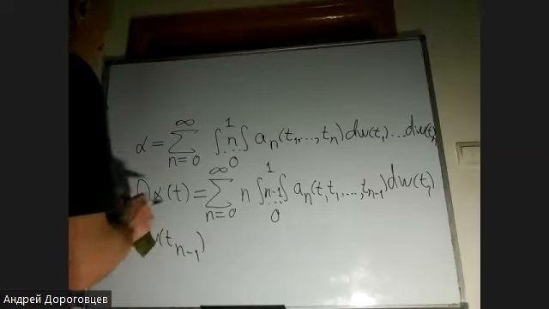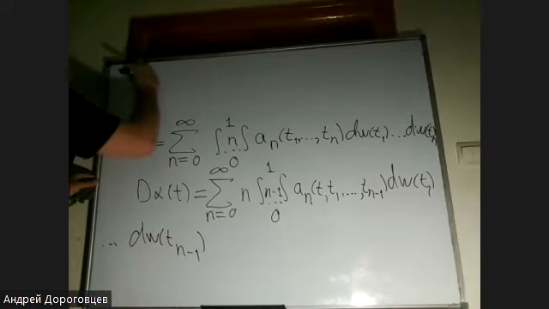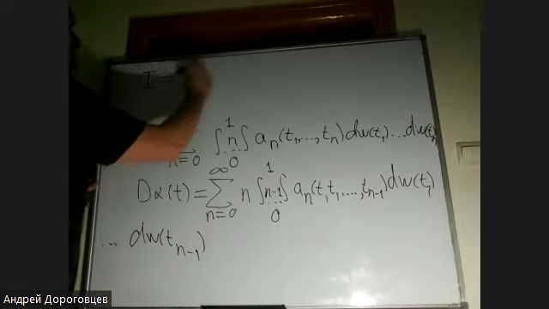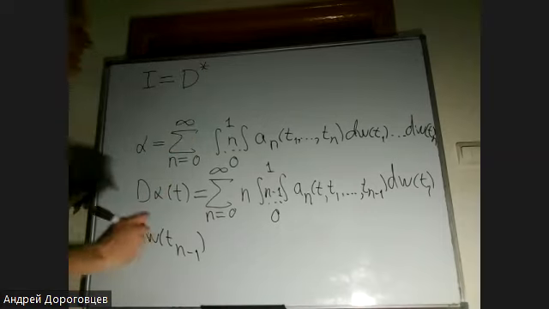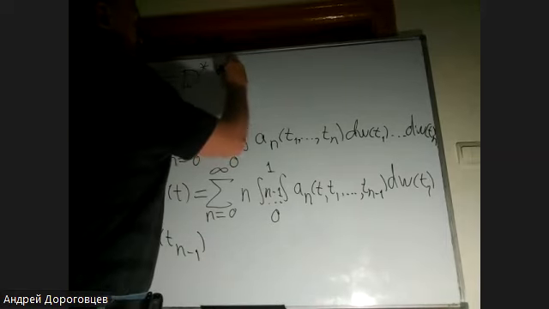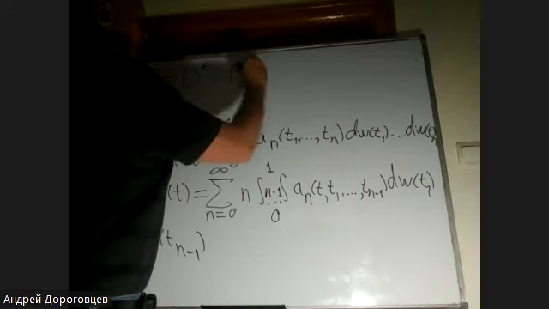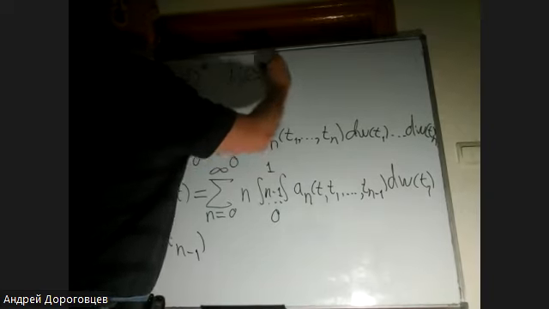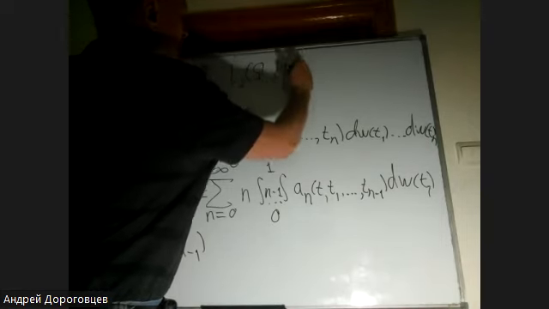We denote it by I, the conjugated operator D star, and it is acting from L2(Omega, P; L2[0,1]).